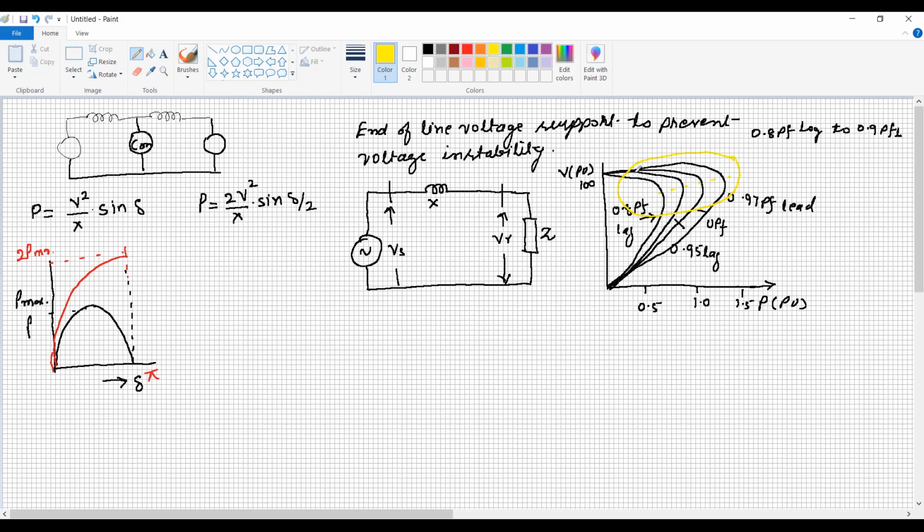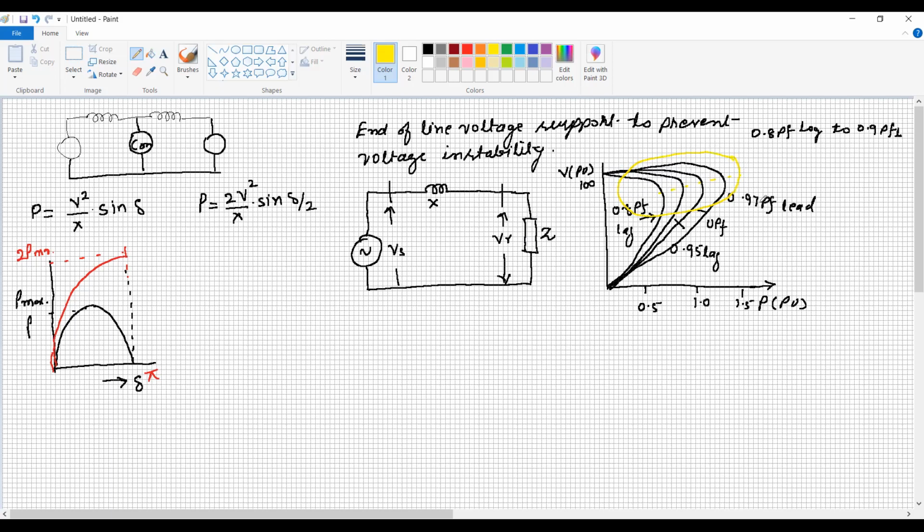Okay, so here the voltage is not constant. For a more lagging power factor, or when there is a deficit of reactive power, the voltage is decreasing. For somewhat unity power factor, the voltage is somewhat constant.